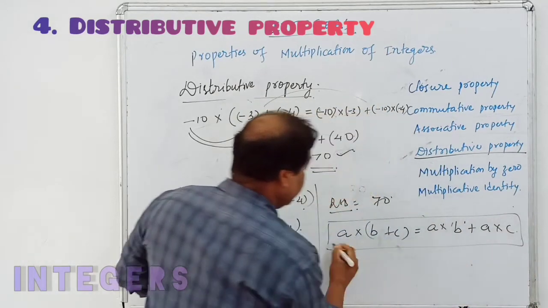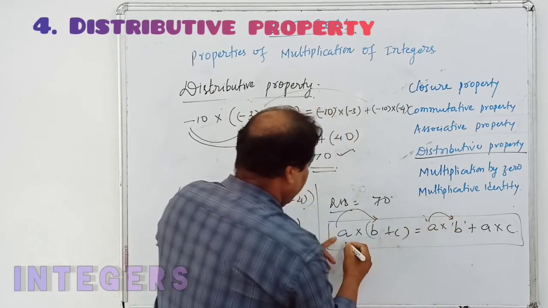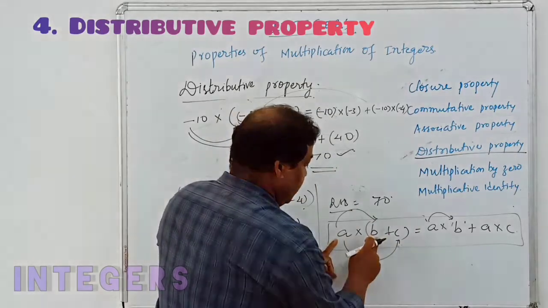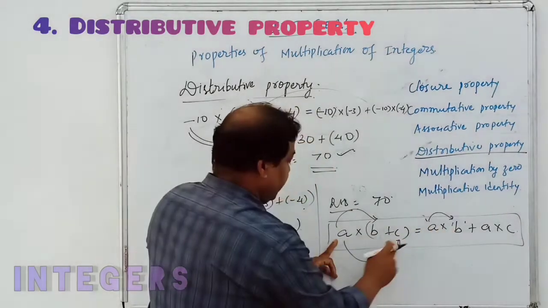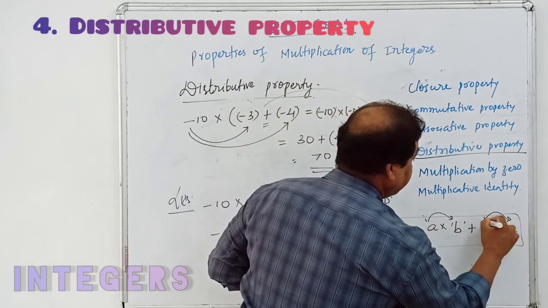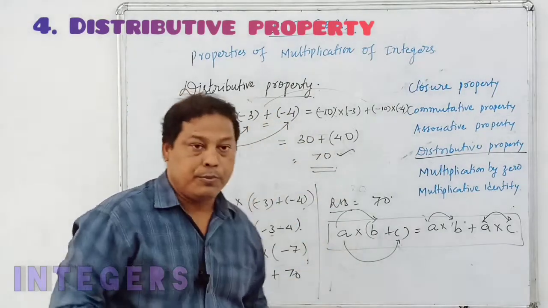So that means a is multiplied with the first term, that is b, a into b. In the second, a is multiplied with c, that is a into c. So this property is known as the distributive property.